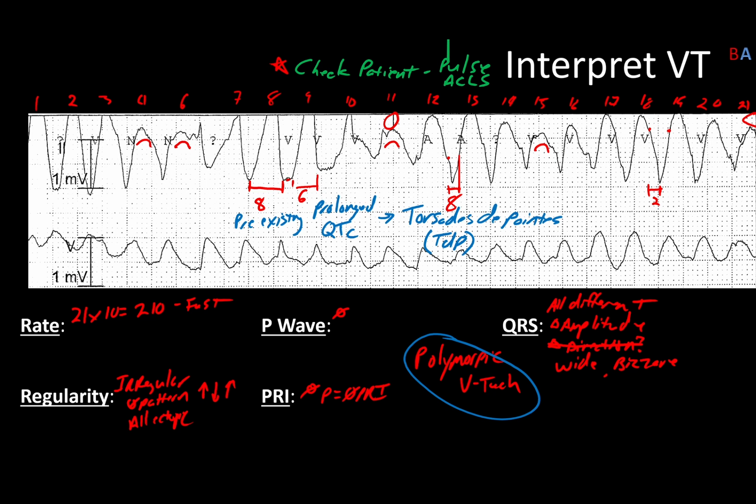Now, if you do not have that prolonged QT to start with, then we're going to say it's polymorphic. In fact, in most cases, the most common etiology is ischemia.